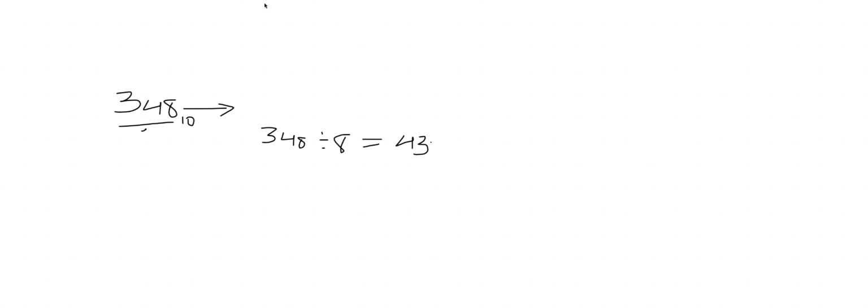Now, our 0.5, when we multiply the 0.5 times 8, we get our remainder as 4. Then we get the 43 this time round.